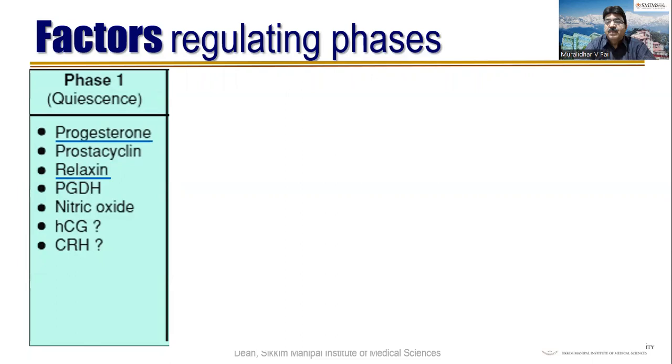That's exactly why progesterone is used if there is threatened abortion. There's a lot of controversy in that, but then it's a universal fact that progesterone has got many mechanisms by which it makes the uterus quiescent, and it is made use of. Relaxin is another hormone which also helps the uterus to relax.